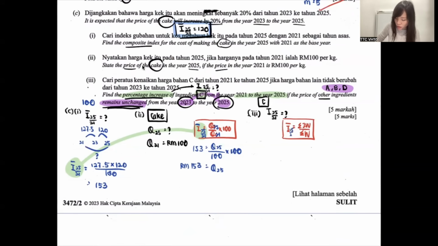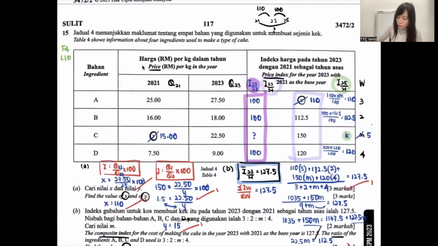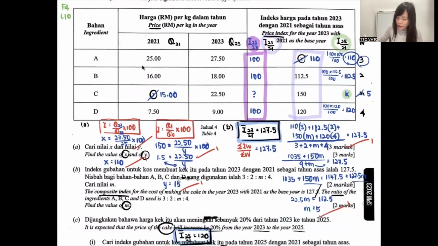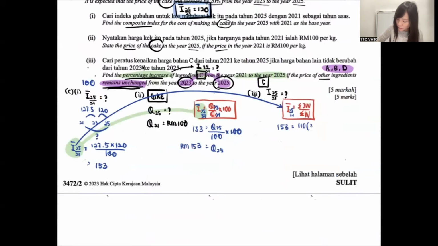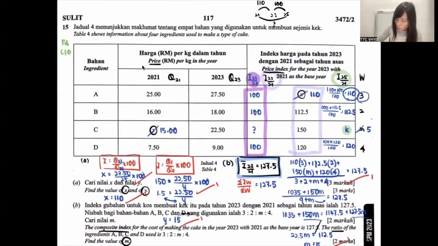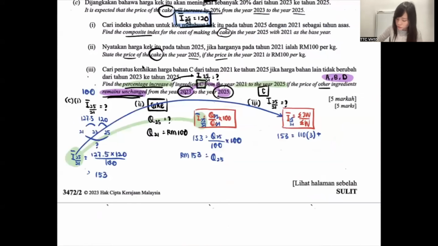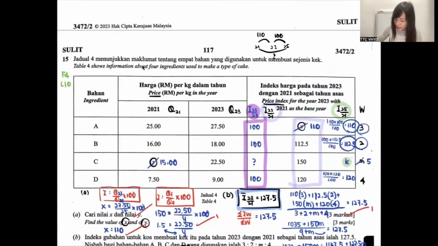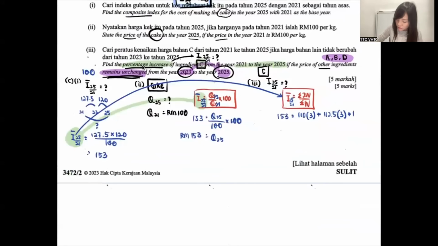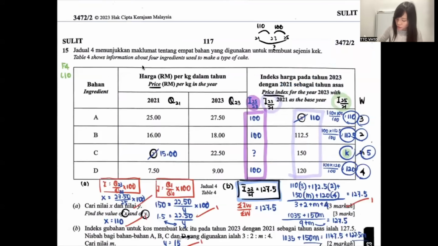I'm doing 25, 21. So 25, 21, isn't it the I dash is 153. So remember, if you're doing I dash 25, 21, the rest of them must use I 25, 21 as well. So I 25, 21, isn't it this one? So 110 times 3, plus, next one, 112.5 times 2, plus, next one, K times 5, plus, next one, 120 times 4.